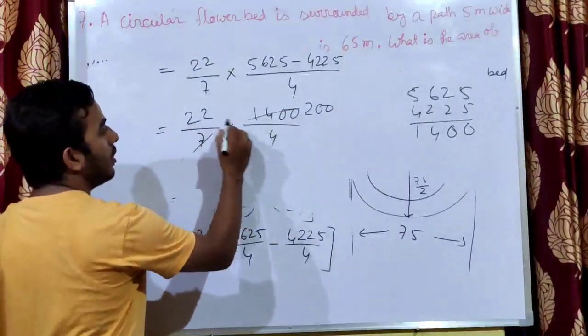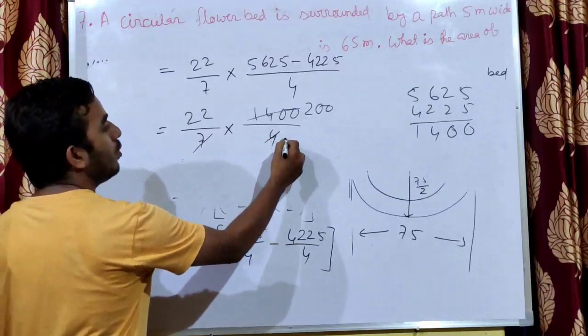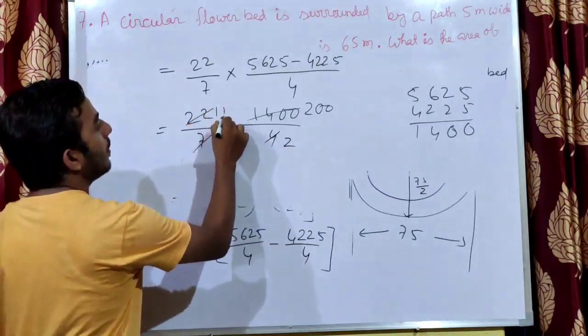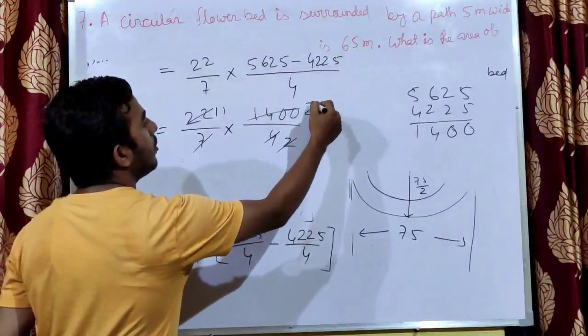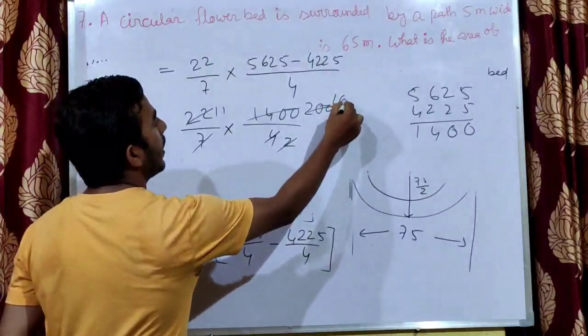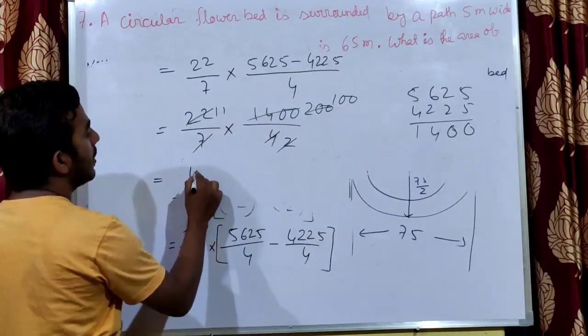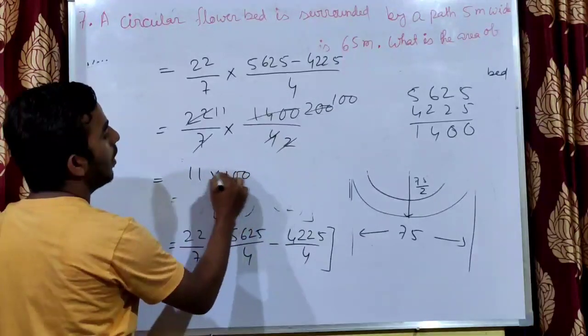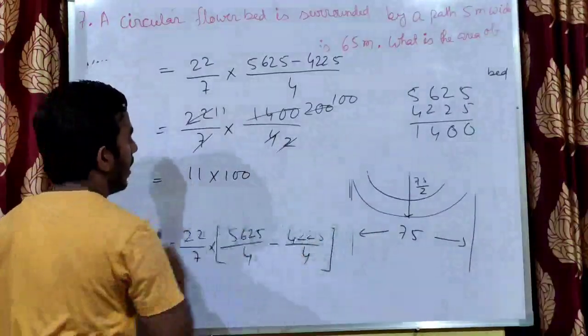We will cancel 22 with 4. That is 2 into 2, 4. Then 2, 11. Right? Again 2 with 200. It will be how much? It will be 100. So our answer will be how much? 11 into 100. 11 into 100 will be how much?